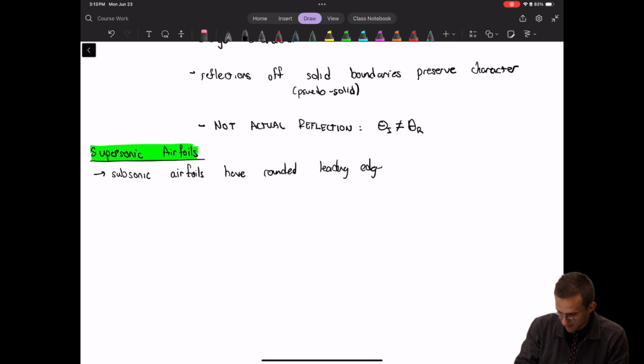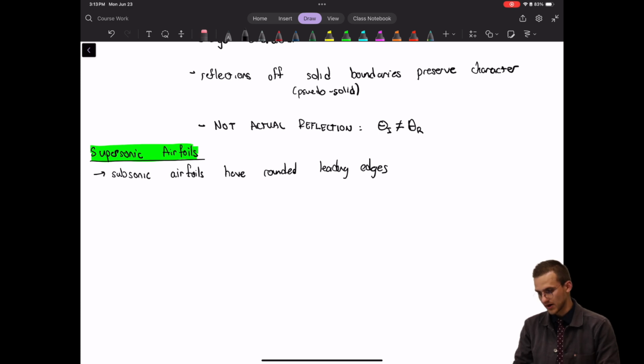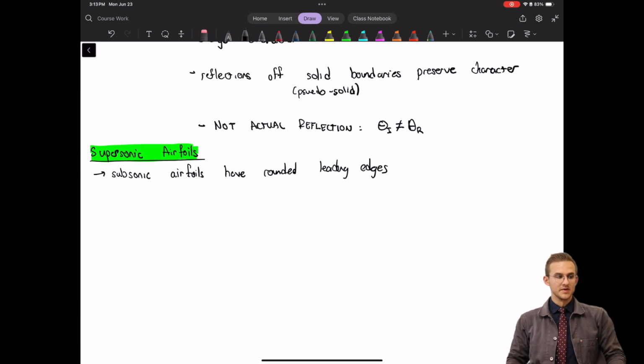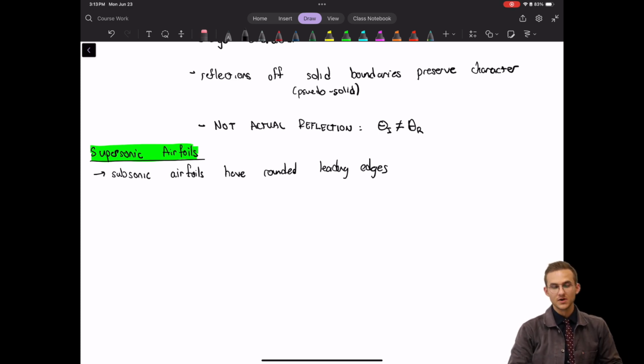And that's because they operate at speeds or Mach numbers where the flow is almost perfectly described, at least in the bulk flow, by Euler's equation. It's like ideal flow, and that's the ideal airfoil shape to maximize lift and minimize drag in that scenario.